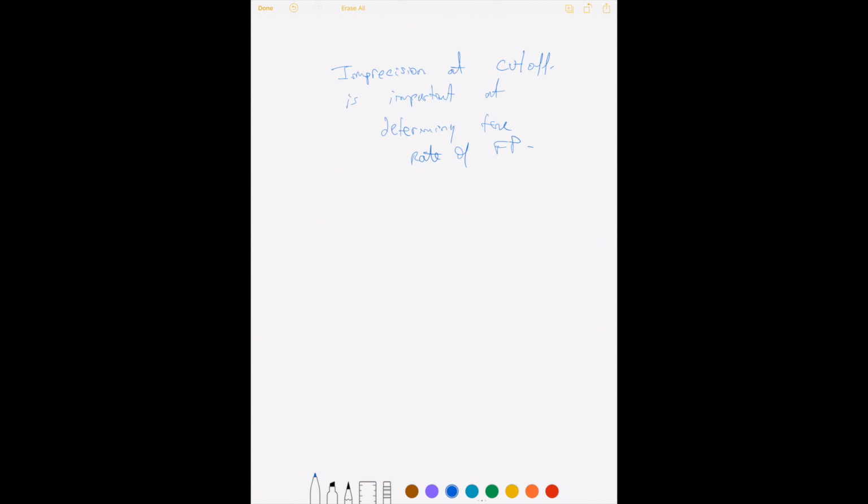And so, said another way, the assay platform with the lowest imprecision at the cutoff will give the lowest rate of false positives. Now, if the two platforms measure different parameters, maybe one measures enzyme activity and one measures some biomarker concentration, one might give more false positives than the other.